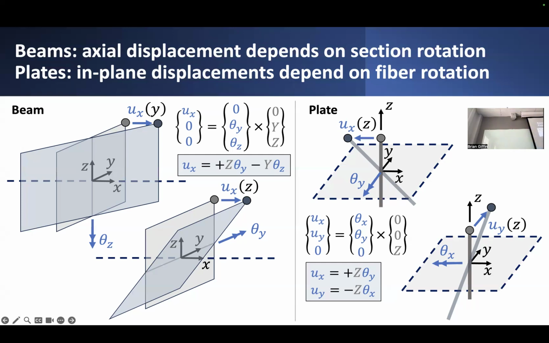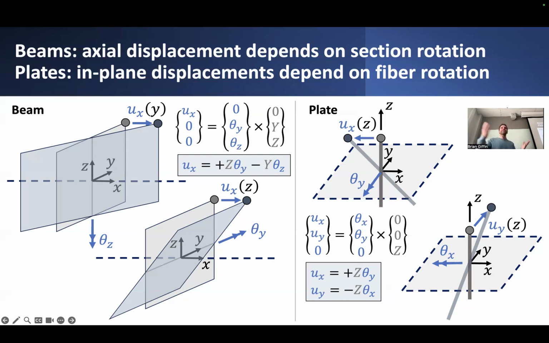So interestingly, you'll note that the sign of each of these terms is not consistent. One has a plus sign, one has a minus sign. And again, it has to do with some of the details of taking this cross product in order to relate how these axial displacements relate to these rotations. But in any case, that's more in the details.